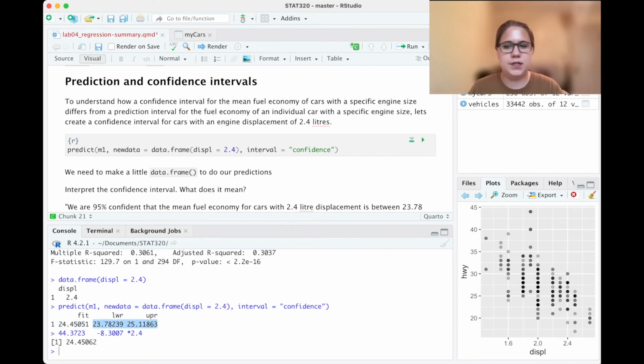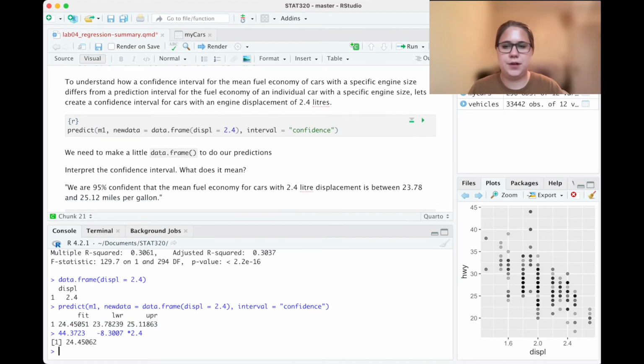But if I wanted to make an interval for a mean, this is the one. So here's how the sentence goes. We're 95% confident that the mean fuel economy for cars with a 2.4 liter displacement is going to be between the lower end of that interval and the upper end of that interval, 23.78 and 25.12 miles per gallon.